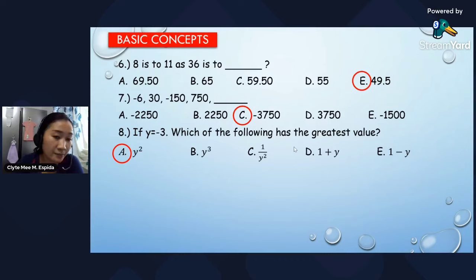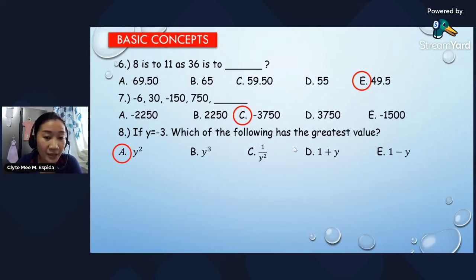That's for letter A. If you answered B, that's wrong. Even if the exponent is higher, the value is negative. We multiply it 3 times by itself. Negative 3 times negative 3 is positive 9. Positive 9 times negative 3 is negative 27. Negative 27 is less than 9, and the greatest value is letter A.